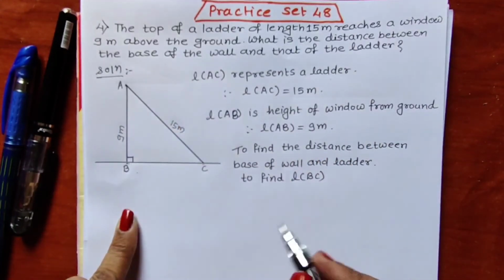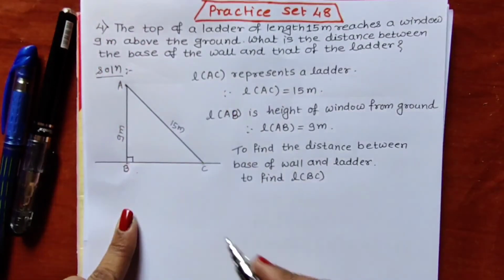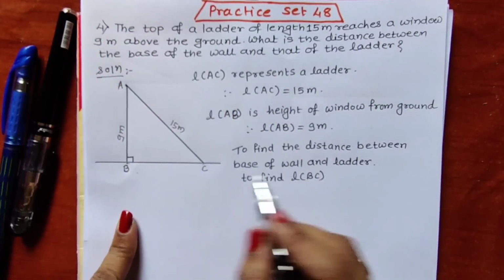From this we can see that the wall is always erect, straight. We write that the wall is straight, otherwise you don't write, it is okay.